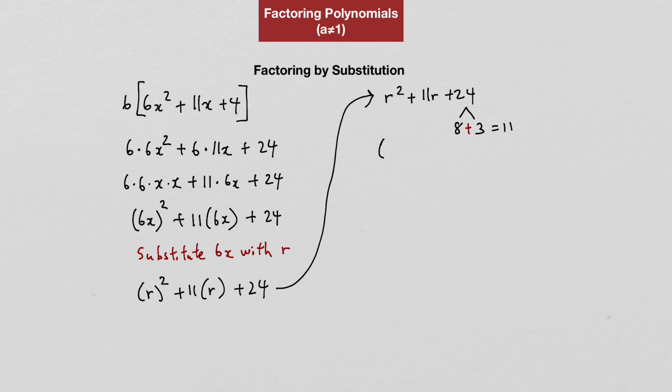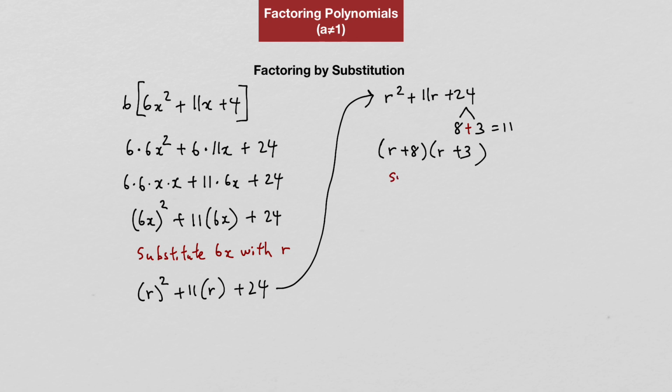So we can go ahead and set up our template and insert the positive 8 in here and the positive 3 in here. Okay, it doesn't matter where it goes. You could put the positive 8 in here and the positive 3 in here as well, and it'll be the same. So we'll go ahead and put that in, plus 8 and plus 3.